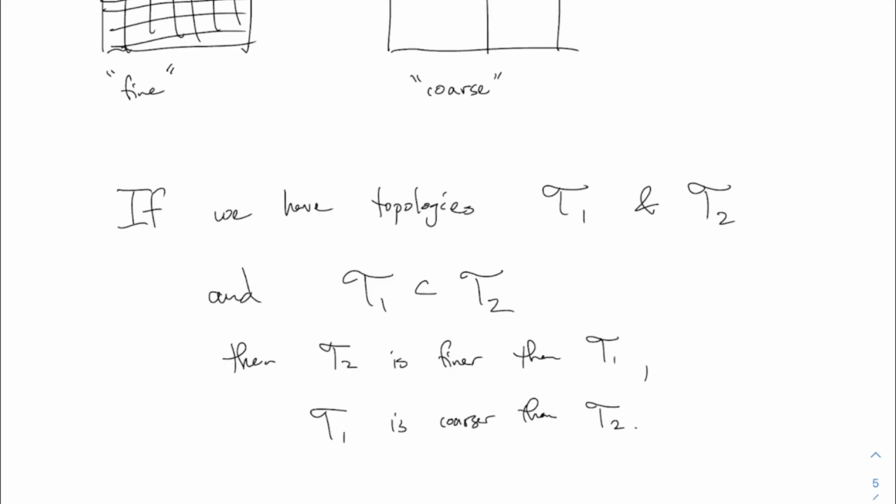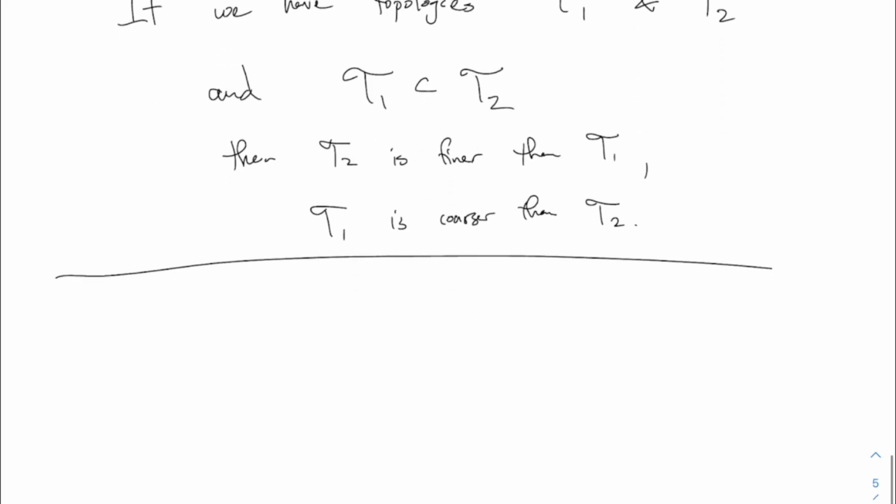For topologies on the real number line, I'm going to draw them left to right, coarsest to finest. The coarsest, the one with the least number of open sets, would be the trivial topology. That is a subset of the finite complement topology, which is a subset of R, the standard topology, which is a subset of the discrete topology.